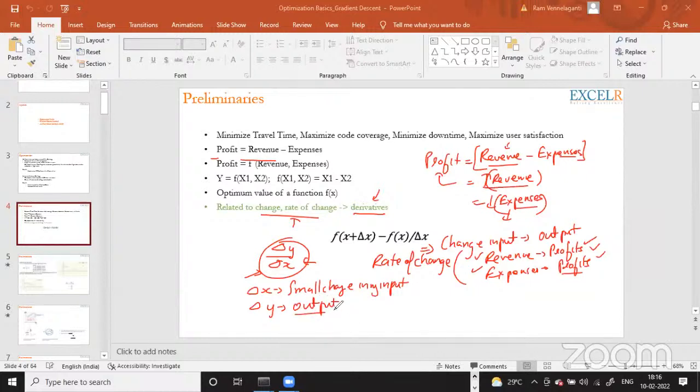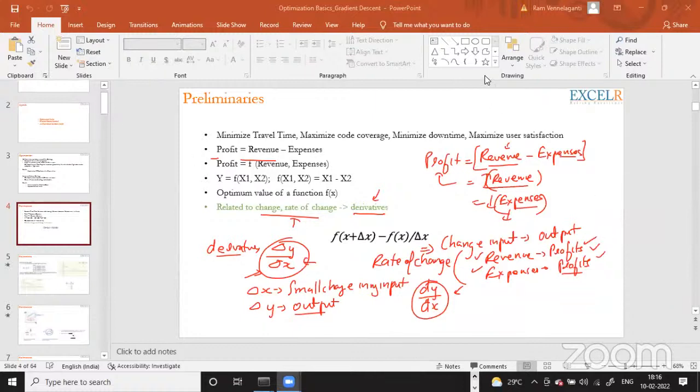How can it impact my output? So I can study this using the concept of derivatives first. Delta y by delta x, or you can call it dy by dx. This is what I'm interested to find out. A small change in x, how is it going to impact my y? What kind of influence is it going to have on my target variable y?